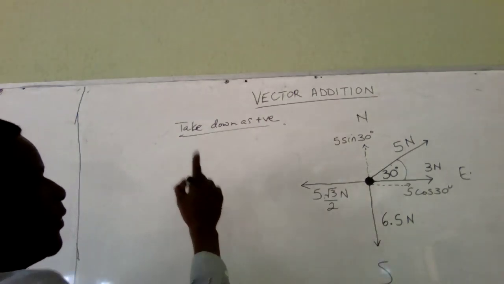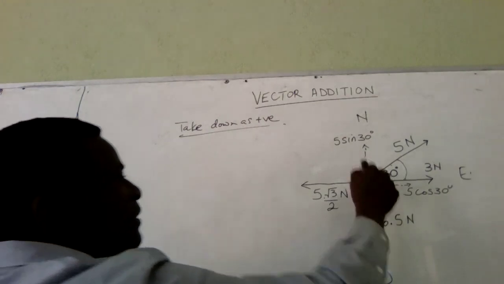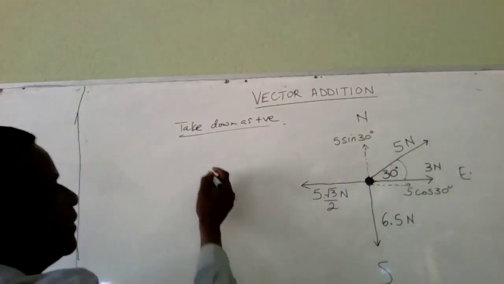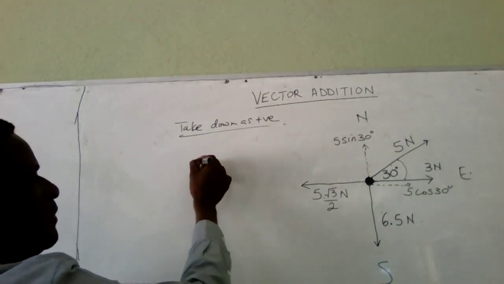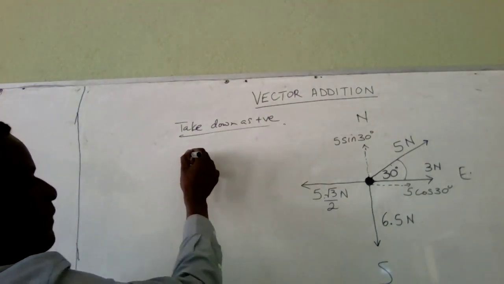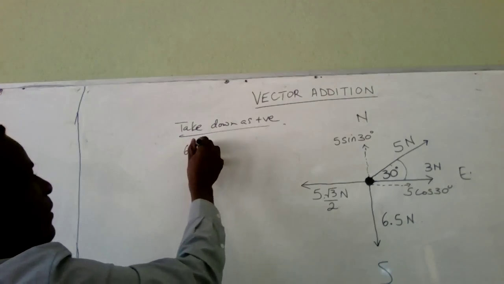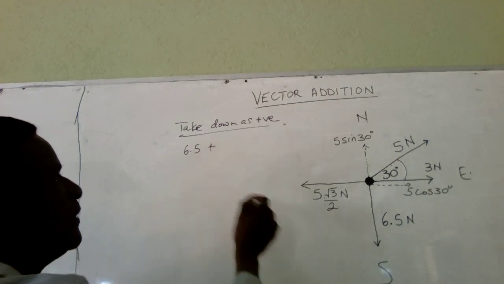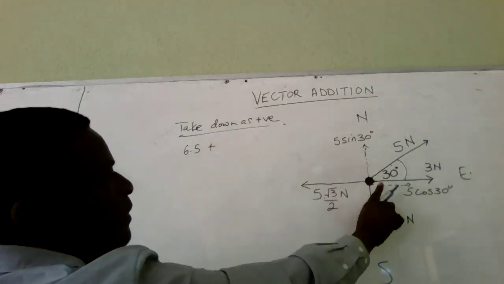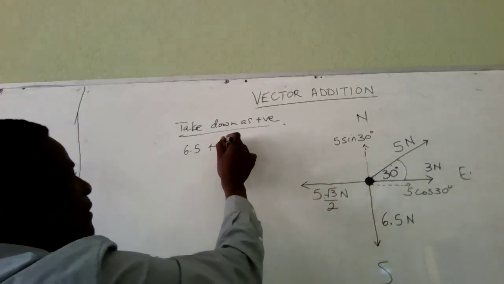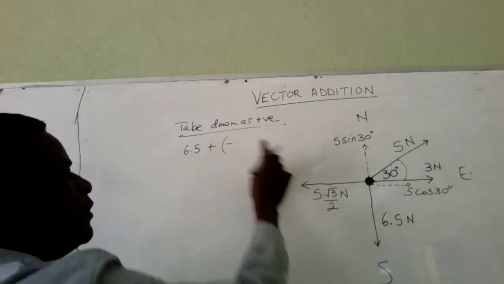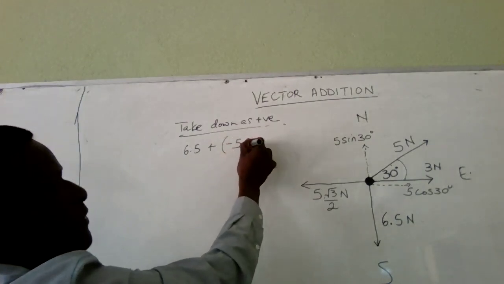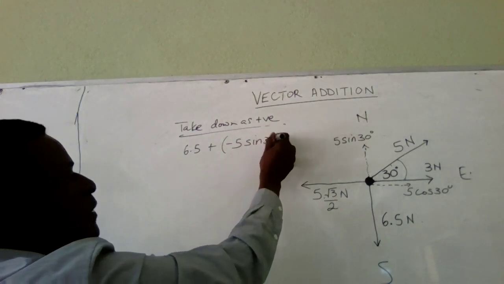We want one net force only. We are going to use the components. Taking the vertical dimension, we are going to have 6.5 going down, which is the weight of the object, plus the component going up, which is practically the opposite of down, because up is negative, minus 5 sin 30 degrees.